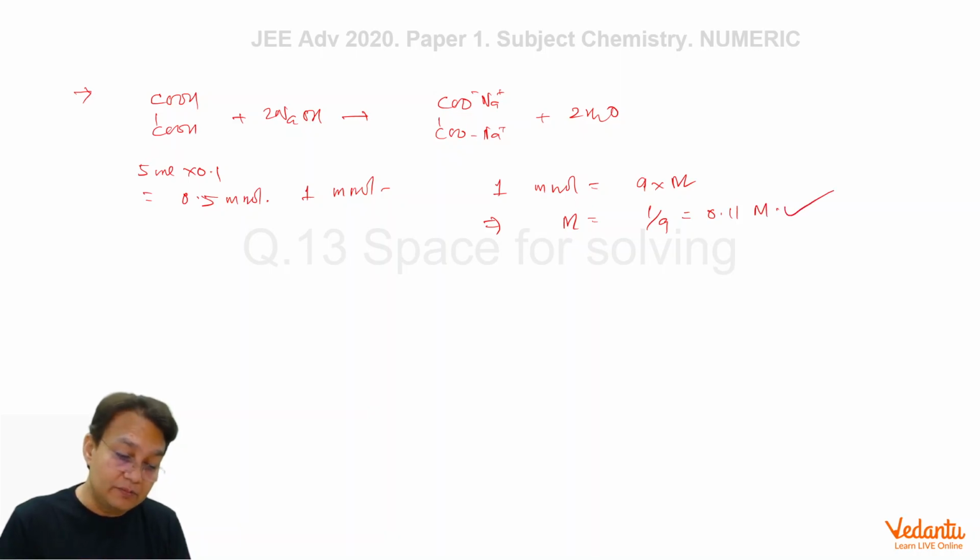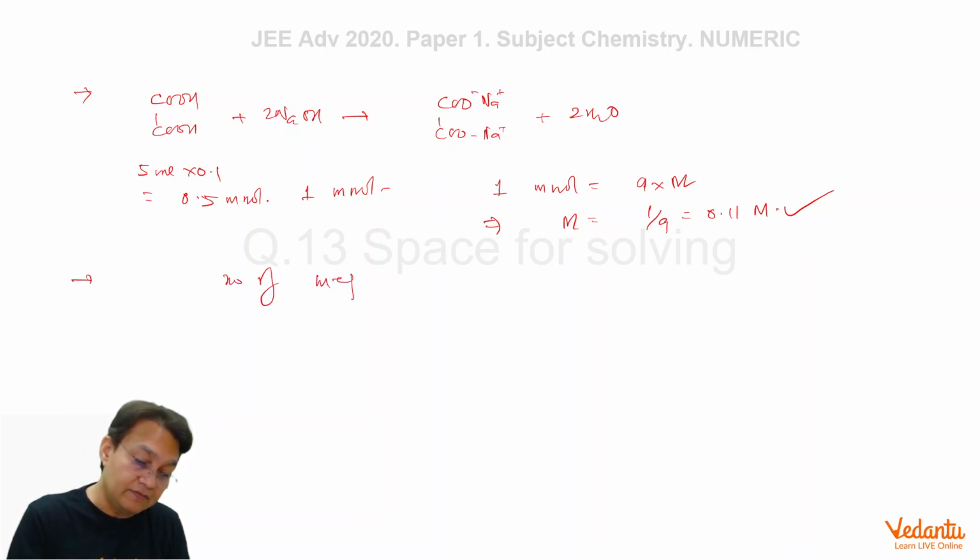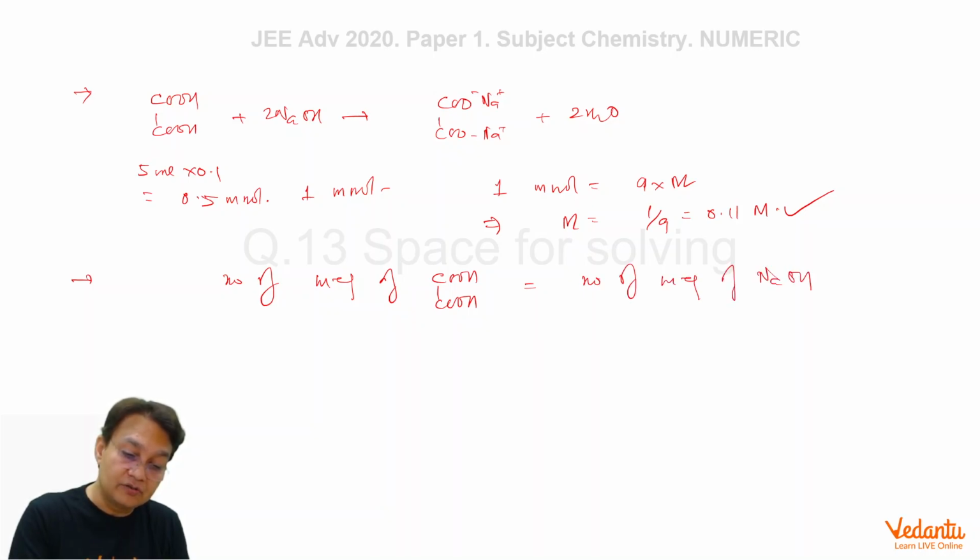If you solve it by the equivalent method, you have to use the fundamental: the number of milli equivalents of oxalic acid is equal to the number of milli equivalents of NaOH.